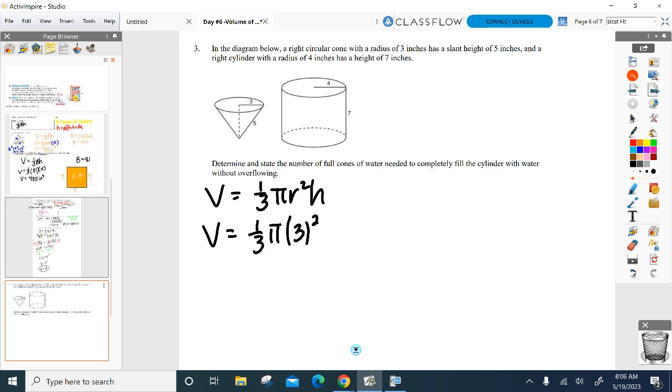Three squared. Everyone all right? I'm not plugging in 5. You find it out. Do Pythagorean theorem if you don't know that number. Then I'm going to plug in for the height because it's not 5. That's the slant height. This is a Regents type problem here.